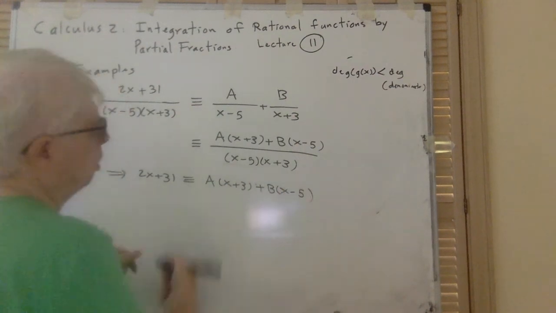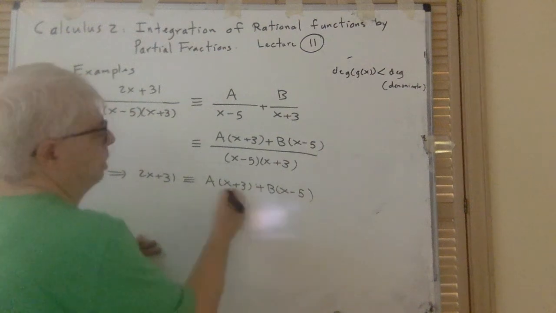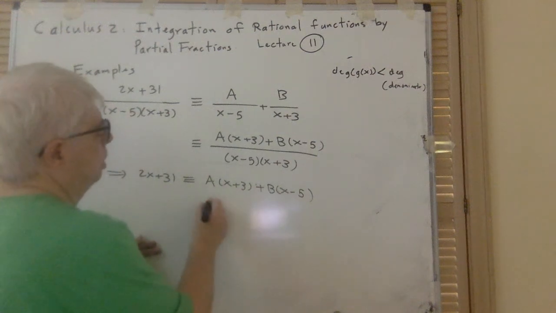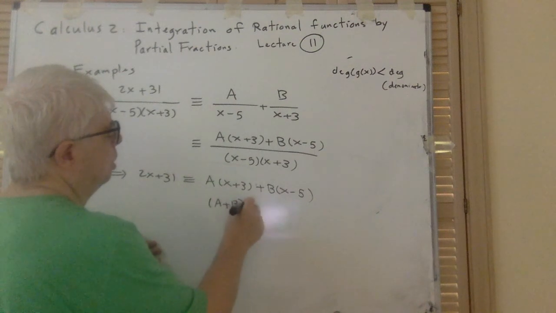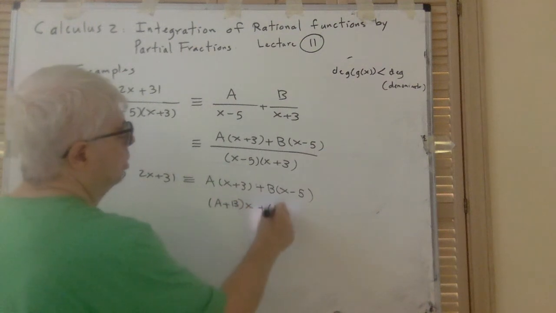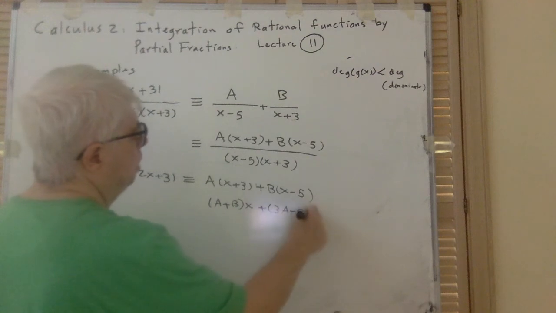Now one way to solve this is just simplify this. So I will expand this and regroup. So I have a plus b times x plus 3a minus 5b.